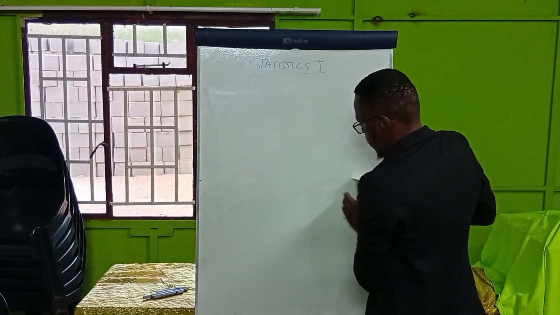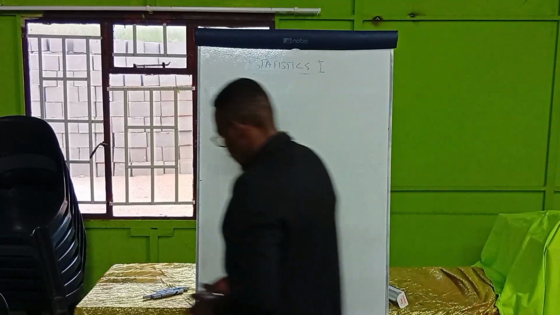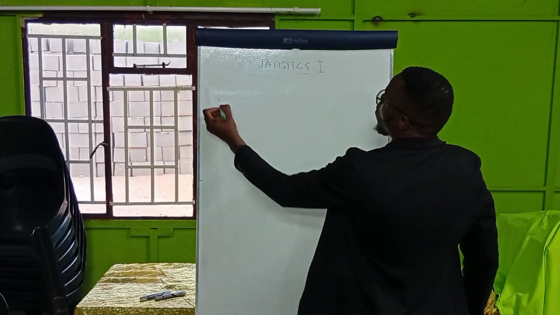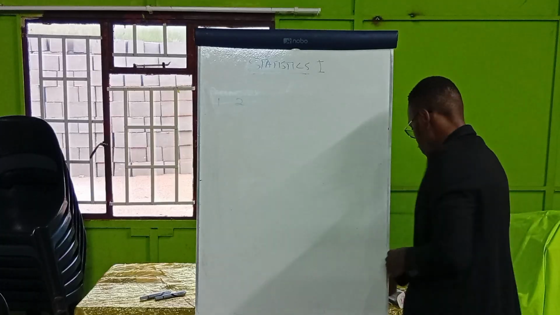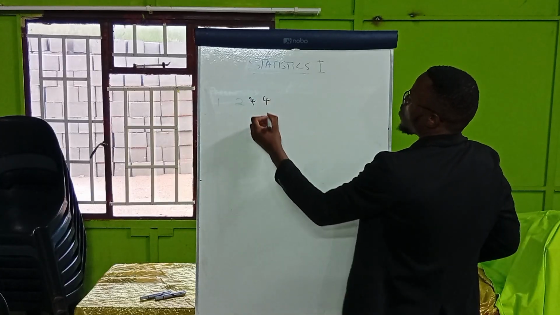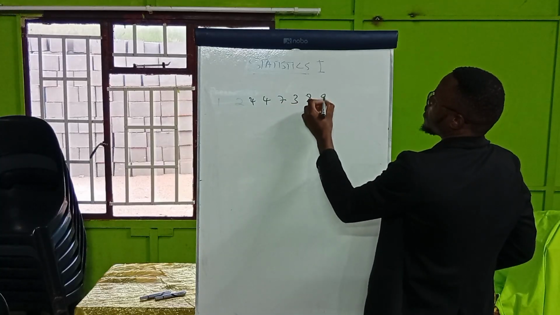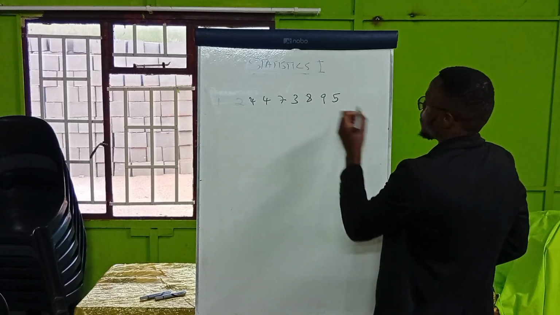So let's say I have this list of numbers. I am given 1, 2, 4, 4, 7, 3, 8, 9, 5, 4.